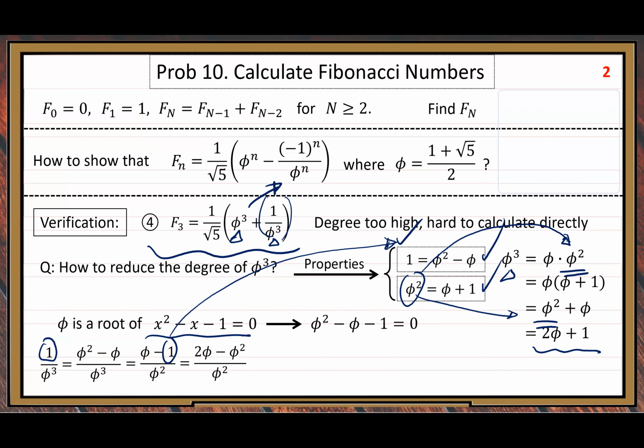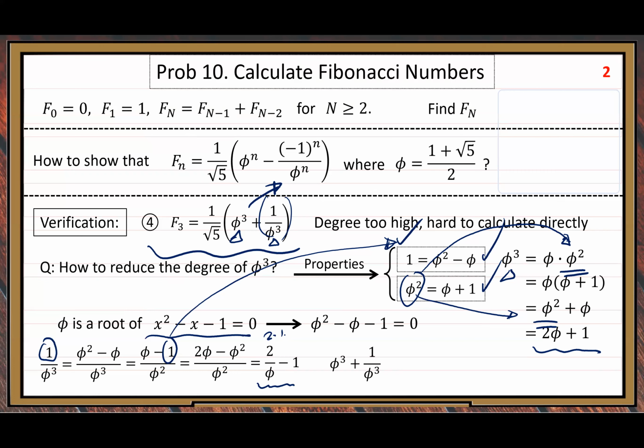You have another round of cancellation. After simplification, you get 2 over phi minus 1. Now the degree of the denominator is 1. That's pretty good. We should not complain. Although if you like, because you have 2 here, you can do another round. But at some point, we feel it's good enough. So we do not need to do another round. Here, 2 over phi minus 1, we feel it's good enough.